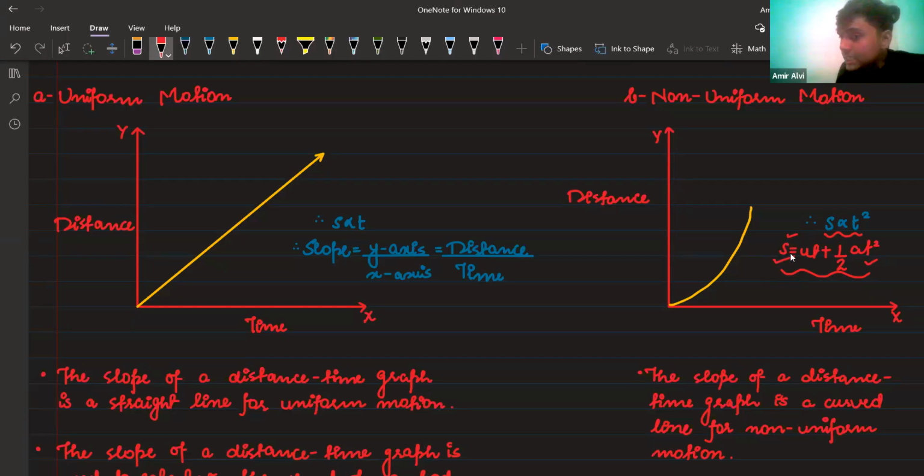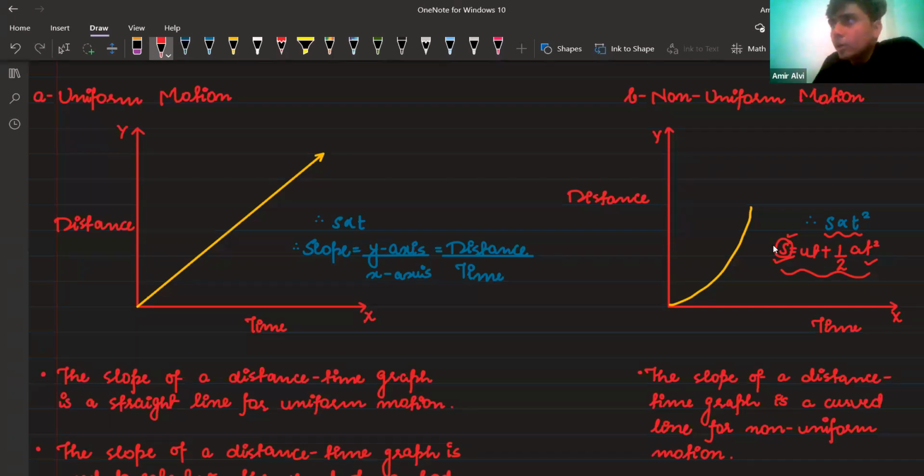But in terms of distance, as you can see, Naisha, when the object is accelerating, will it cover equal distance in equal amount of time if the body is changing speed from time to time? No, no. I didn't get it, sir. Can you explain that part again?